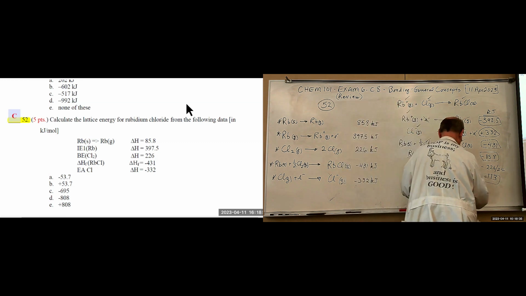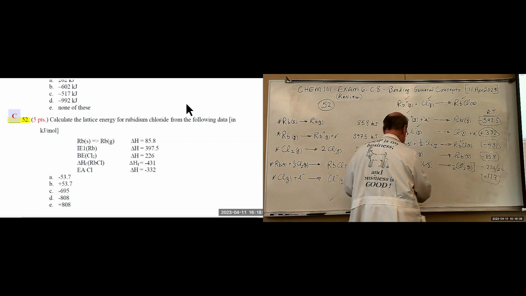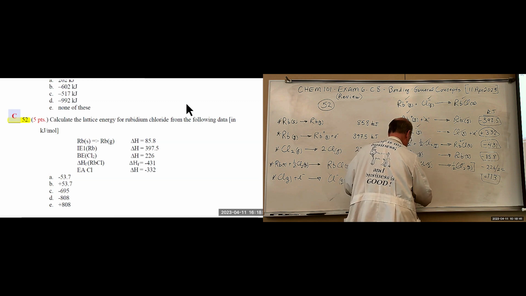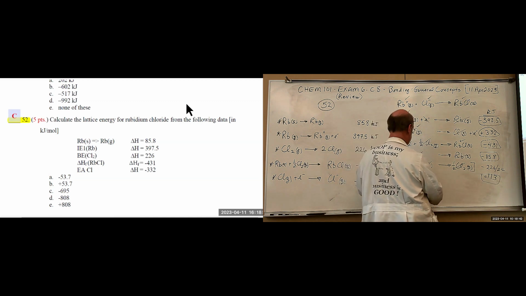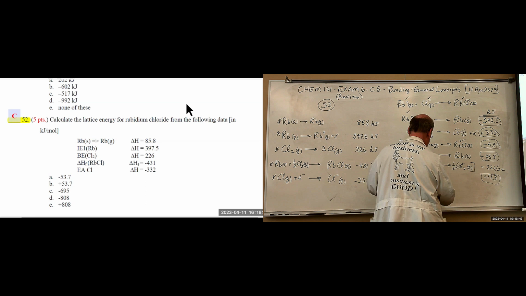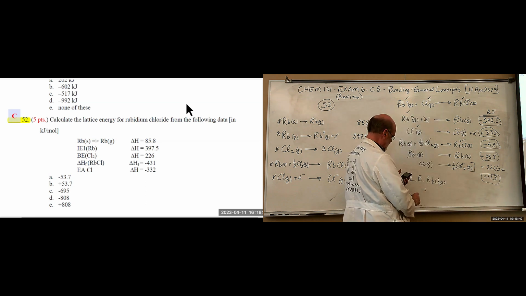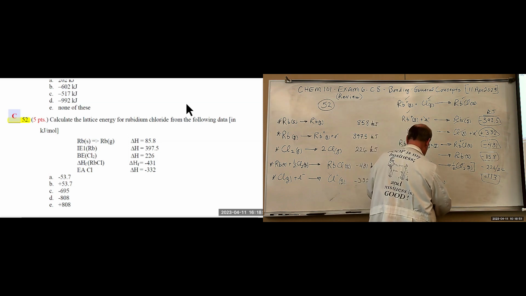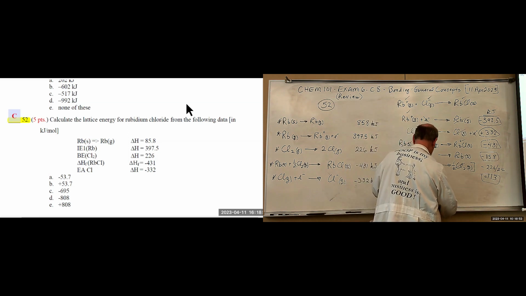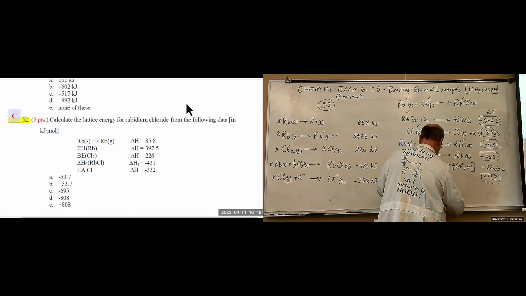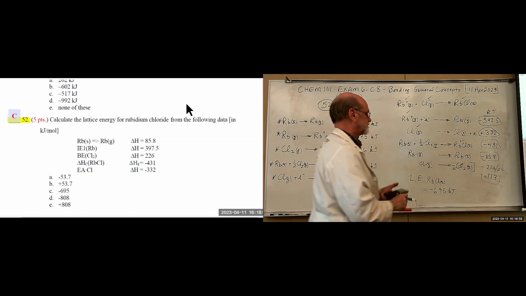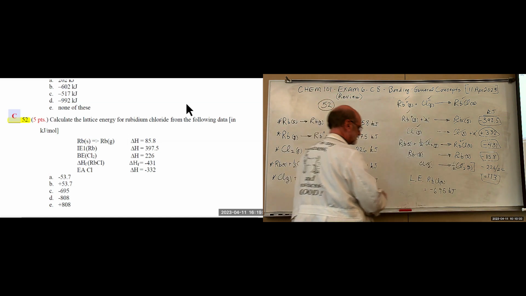So I get the lattice energy of rubidium chloride, if I did it right, is minus 695 kilojoules. There it is.